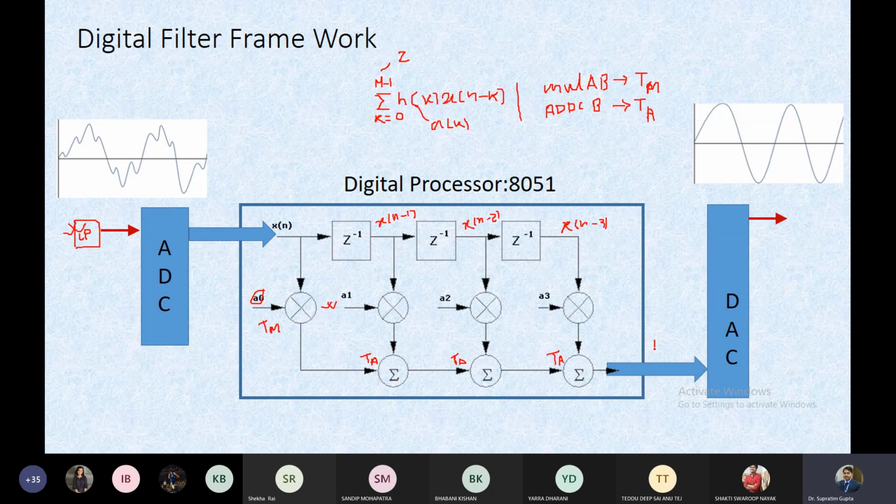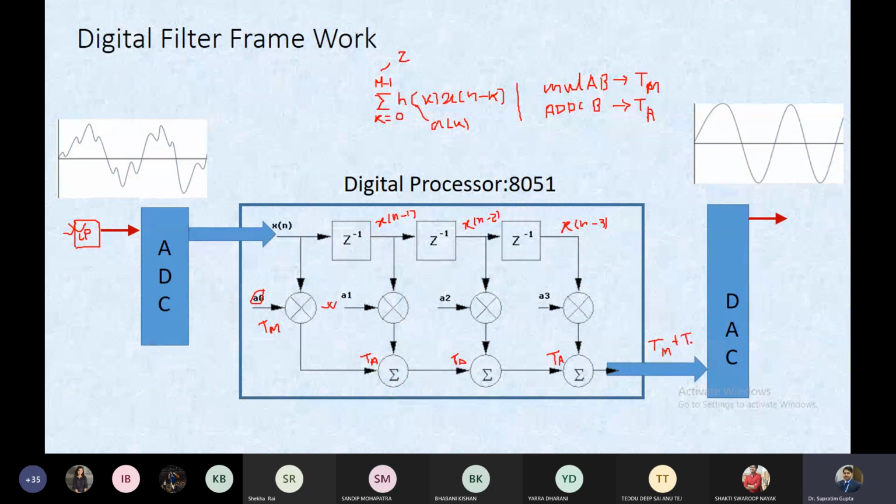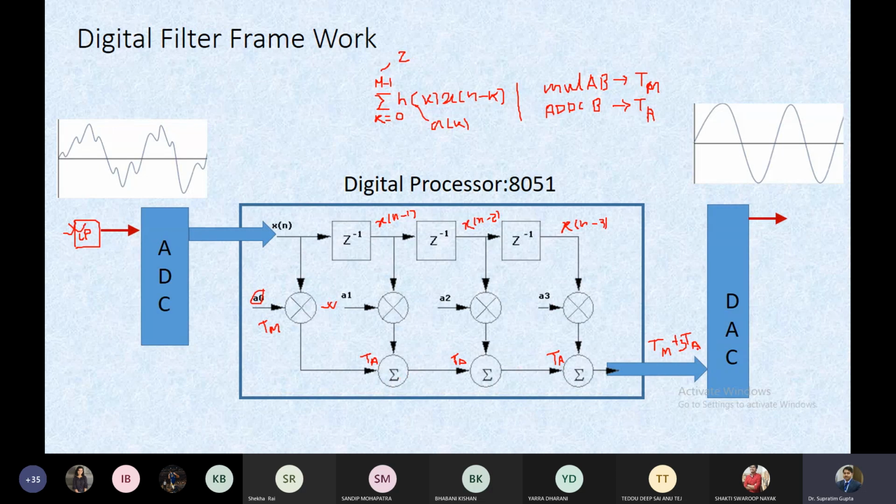So this Tm plus 3Ta would be the timing, because we can assume that if all the required multipliers are available, then these multiplications can be done in parallel, and so it will only consume Tm. But these additions depend on the earlier adders, so these additions are required. So Tm plus 3Ta would be the time after which we'll get the output, and after that we can get the next sample, and this sample will move in this direction.